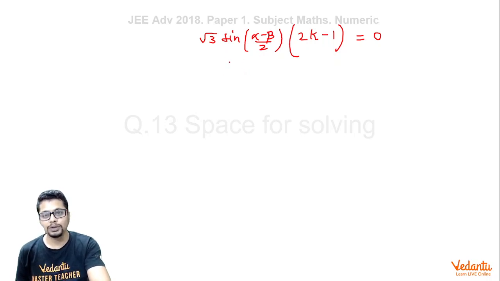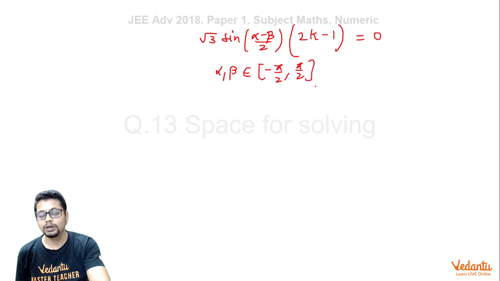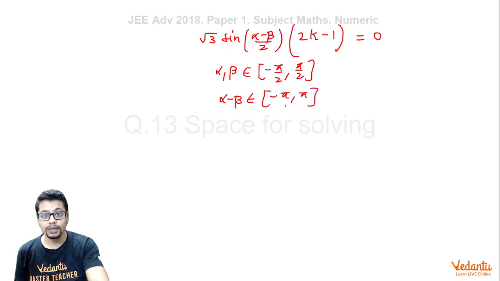So let's explore. Here alpha and beta both belong to minus pi by 2 closed to pi by 2 closed. So alpha minus beta would belong to minus pi closed to pi closed. Now you may wonder how.